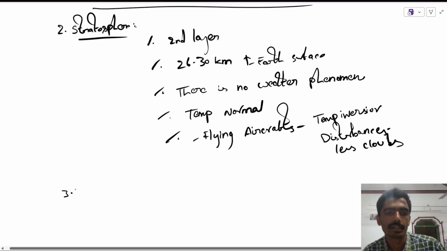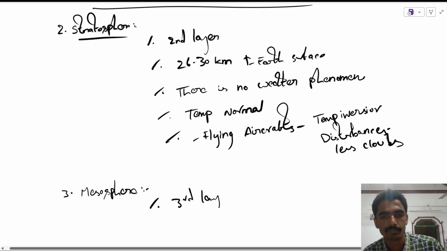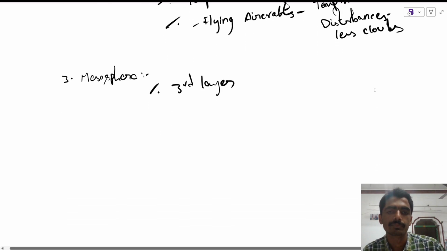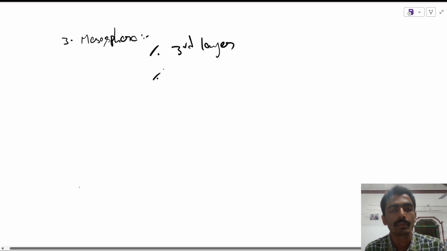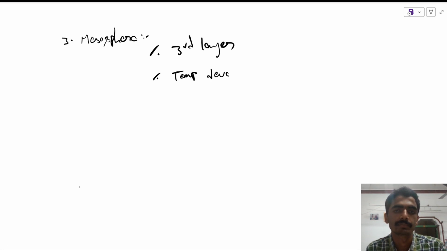Then while coming to the third one, the mesosphere. It was a tall layer and temperature decreases with increasing height.